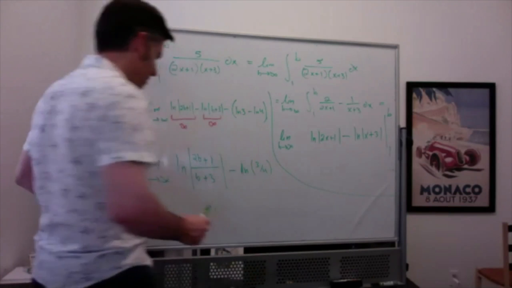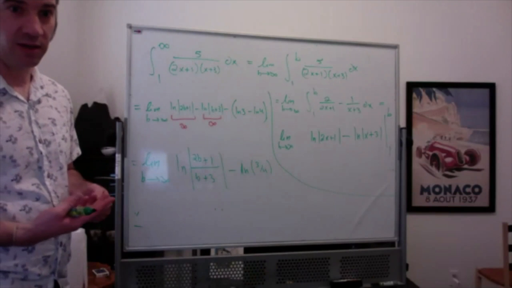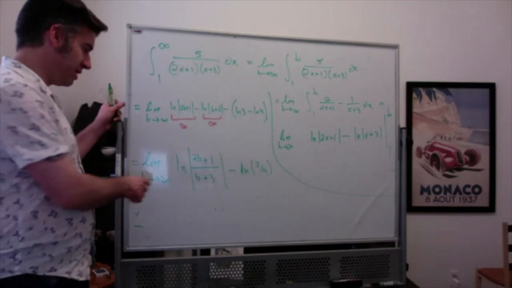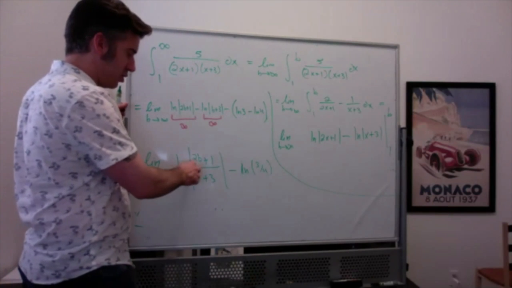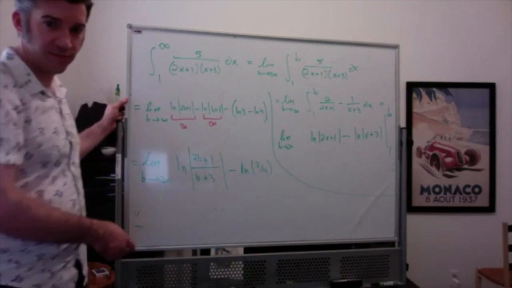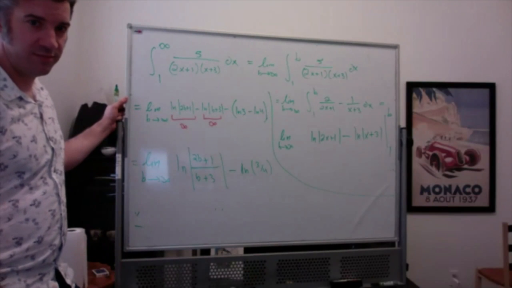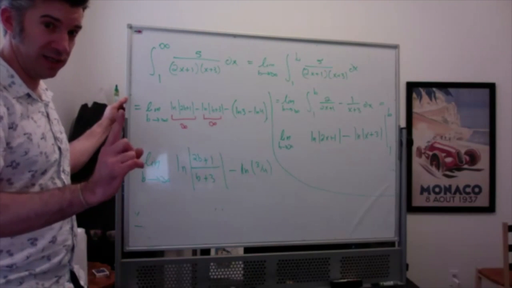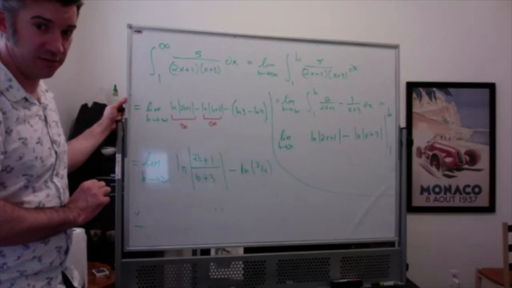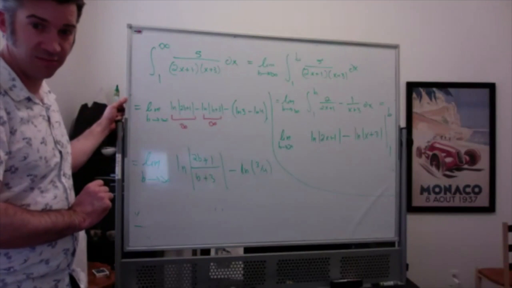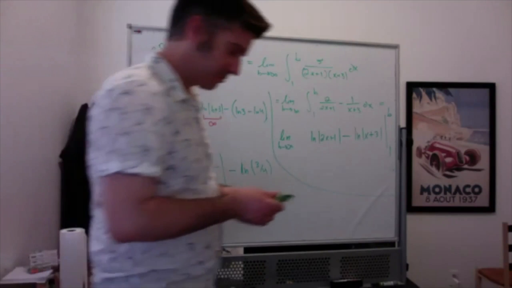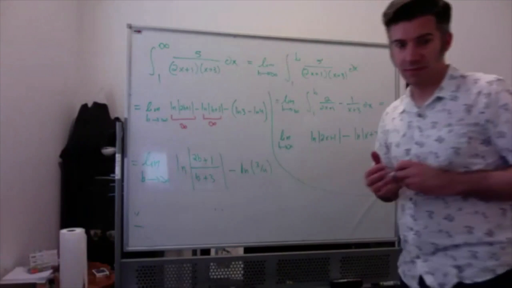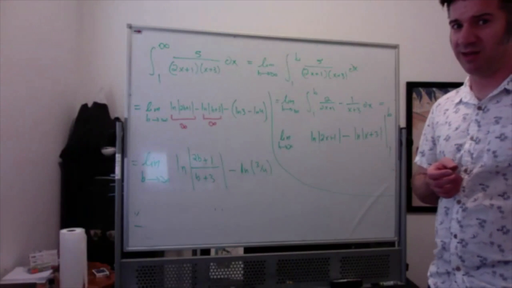All right. Can anybody tell me what the limit as b goes to infinity is of 2b plus 1 over b plus 3? It only takes one keystroke to tell me the answer. Now, I know you guys know the answer. You might just not know you know.